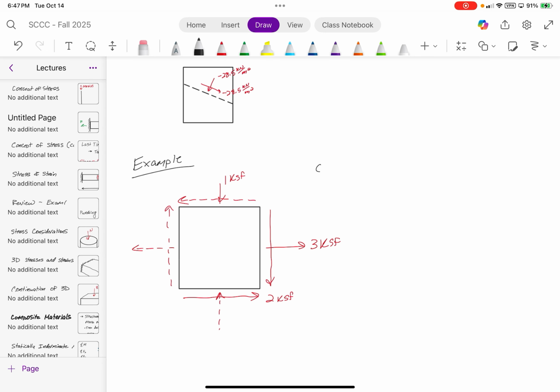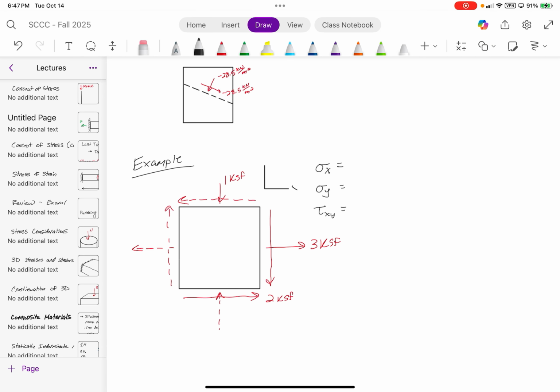Firstly, what are sigma x, sigma y, and tau xy equal to? What's the plan for this?